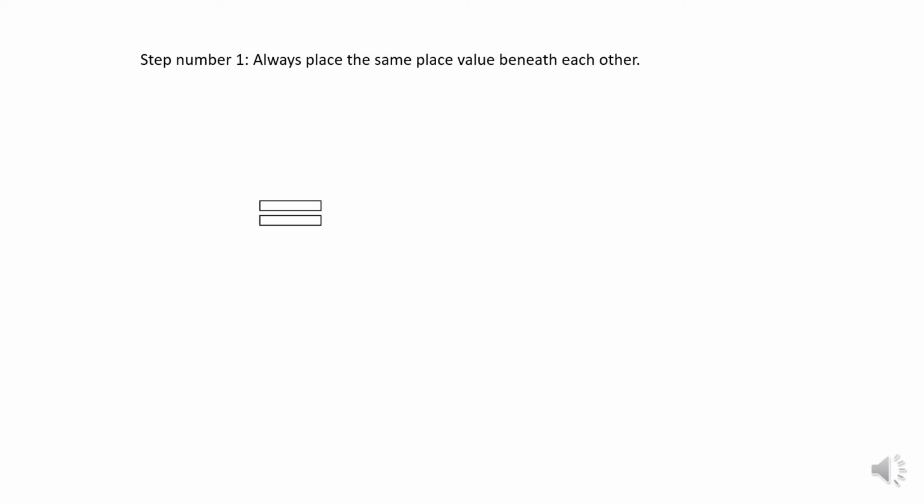Let's look at the number 9 plus 36. The first step is to always place the same value under each other.